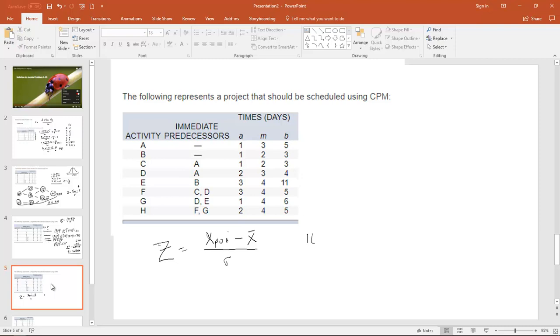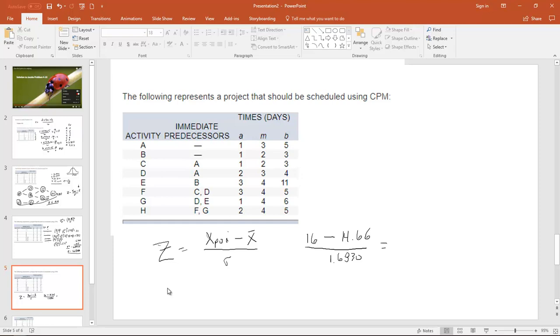So the point of interest was, how far away is our point of interest from the mean, compared to our standard deviation, which was 1.6830.